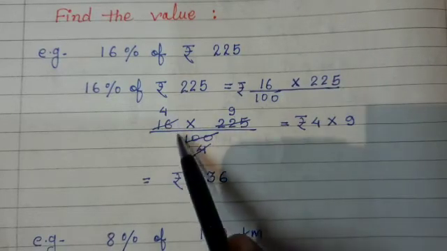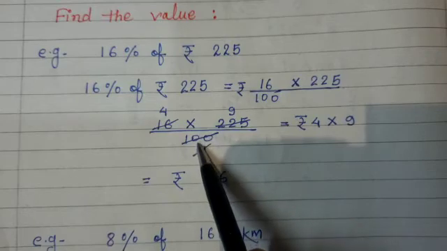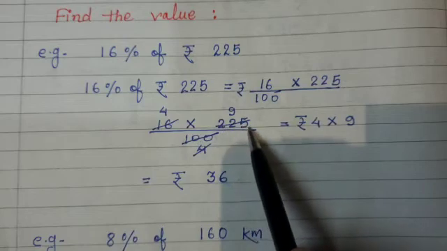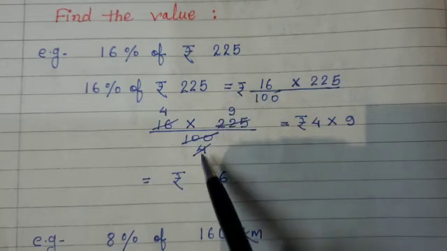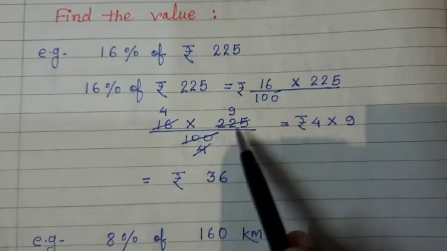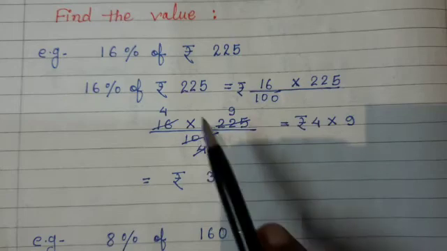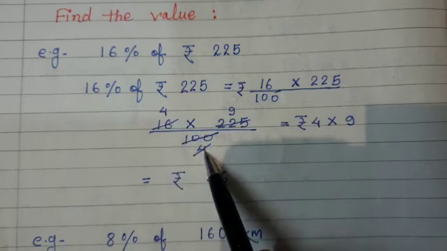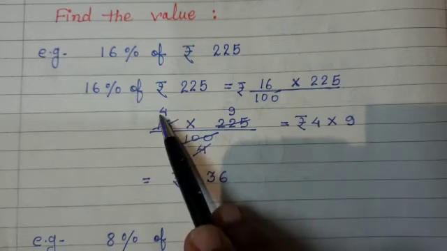So 16 upon 100. This 100 is divisible by 25 and this 225 is also divisible by 25. After division, we get here 4 and 9. This 4 can divide the 16. 4 4s are 16.